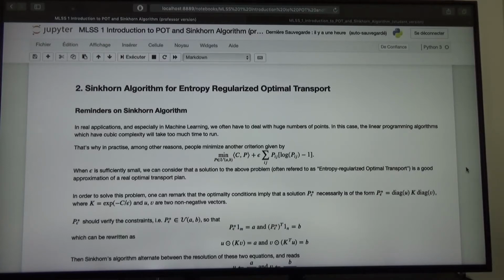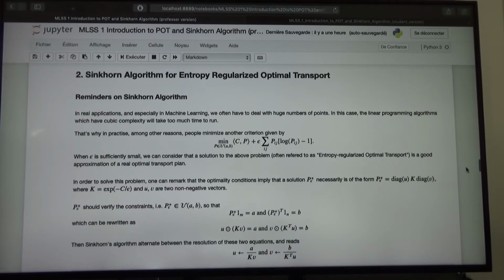So Marco told you about this entropy regularization and why we do it, because it's going to be faster in the algorithms, because from a statistical point of view it will be much more interesting, and also because in machine learning we want to avoid overfitting, and adding this entropy term will help against overfitting, right?